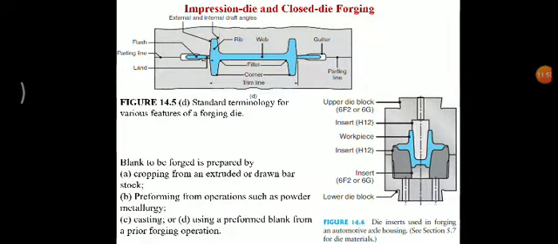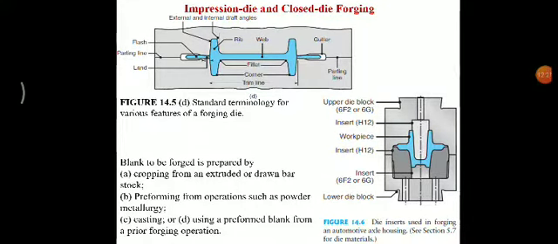The next is the impression die and the closed die forging process. Now this figure number 14.5 will be repeated in the last part, where I will give its design consideration study very briefly. But impression die forging and closed die forging are two different processes. The basic difference between them, in the impression die forging, refer to figure number 14.5.